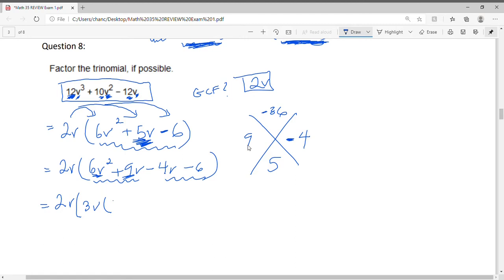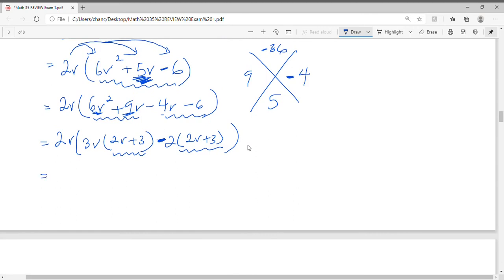I get 2v plus 3 left over. And here I'll take out a negative 2, and that gives me a 2v plus 3 again left over. Now this has to be the same, so make sure you are taking out a positive or a negative to make these two the same.